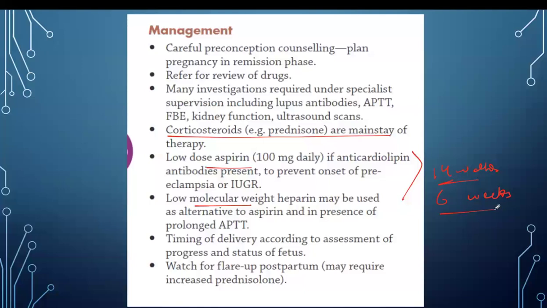Why? Because SLE patients can commonly be complicated with deep vein thrombosis or venous thromboembolism. To reduce that complication, we give prophylactic aspirin or heparin from 14 weeks of pregnancy. This is an important one that you need to remember.